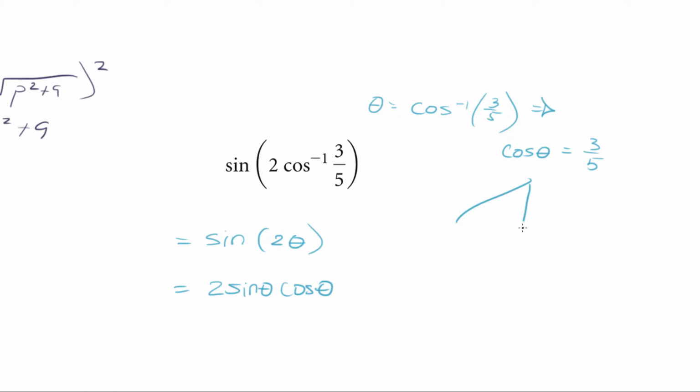So this one we use SOHCAHTOA once again. Cosine is adjacent over hypotenuse. So in order to find sine of theta, we need the opposite. So that's using Pythagoras. 3 squared plus b squared equals 5 squared. 9 plus b squared equals 25. b squared equals 25 minus 9, which gives you 16.